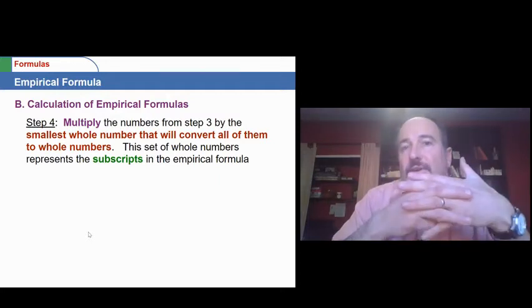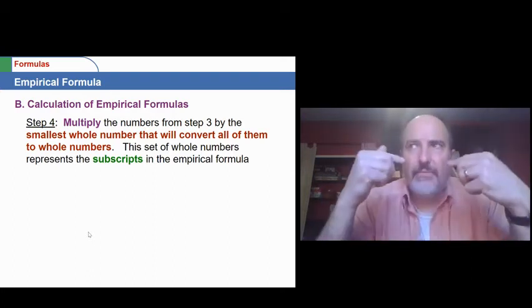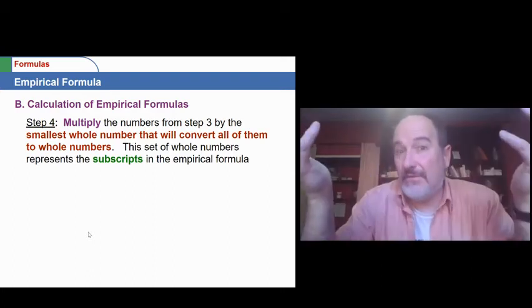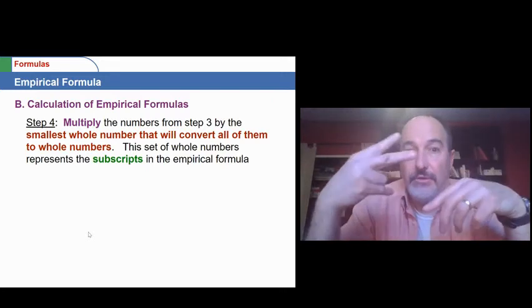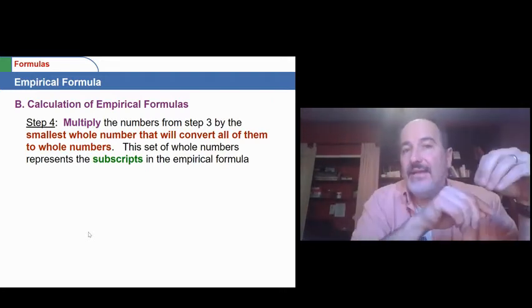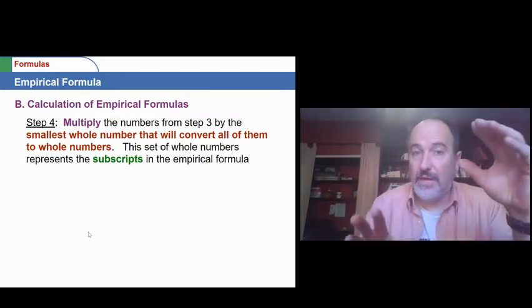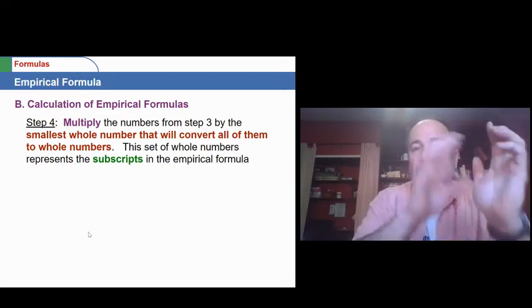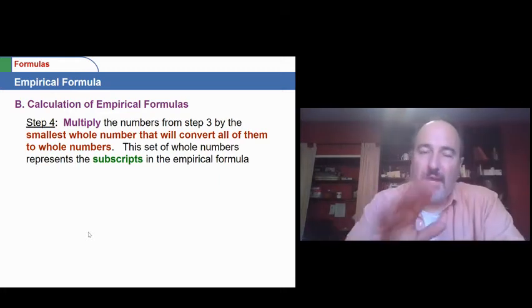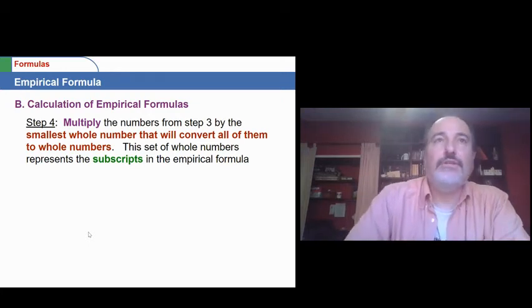So how do you get 2.5 to be a whole number? Well, if it's 0.5, that means it's a half. So if you take 2.5 and multiply it by 2, you get 5. If you do that, you have to multiply the other subscript by 2 as well. So you end up with 5 and 2. I know it's confusing. Don't worry, I have a good sample problem here to show you for that.